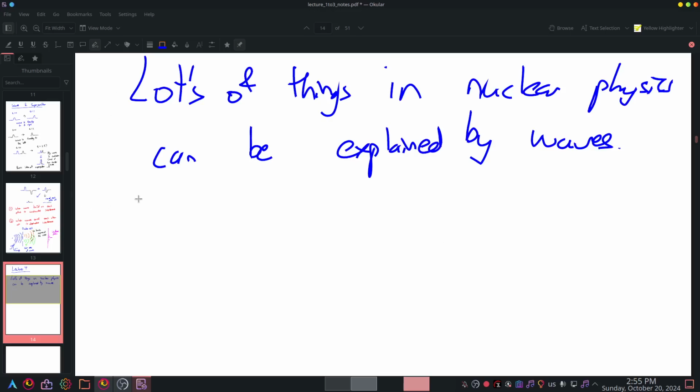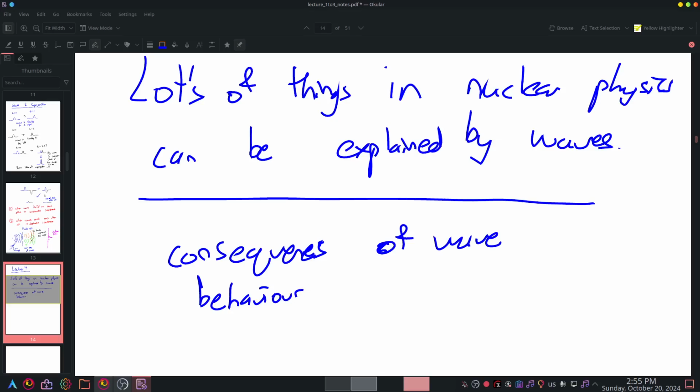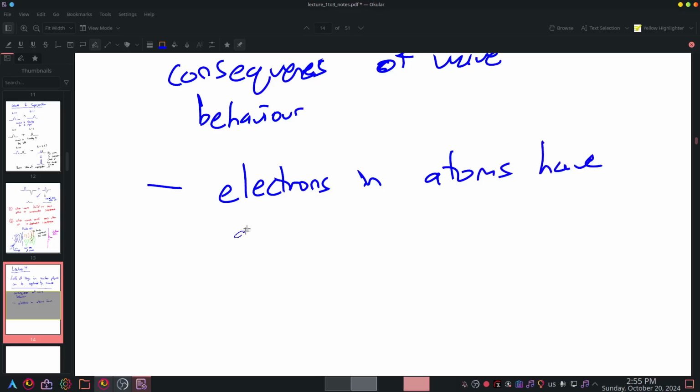One of the consequences of wave behavior: electrons in atoms have discrete energy levels.